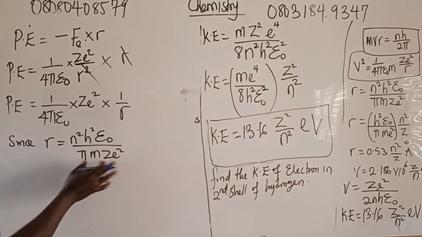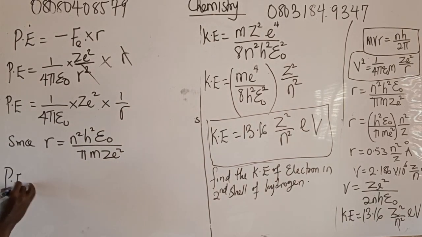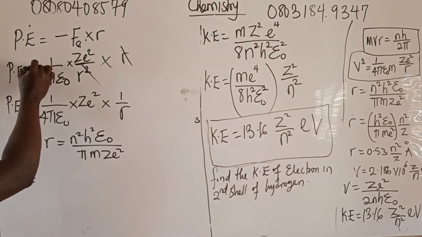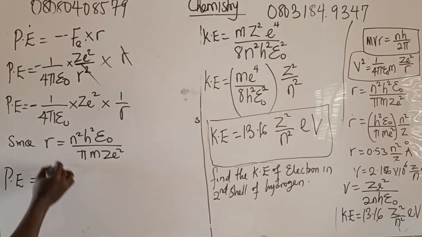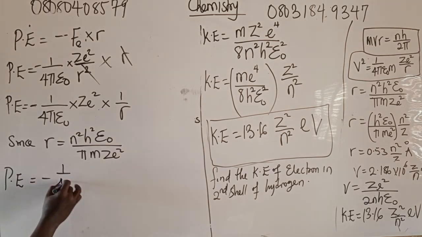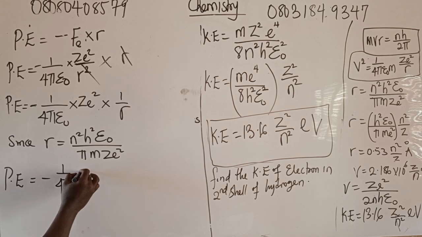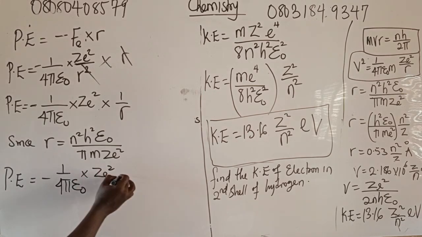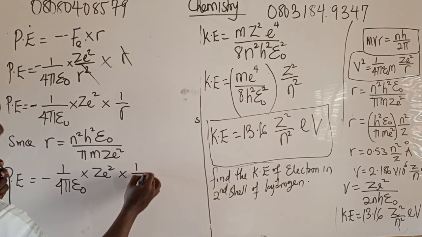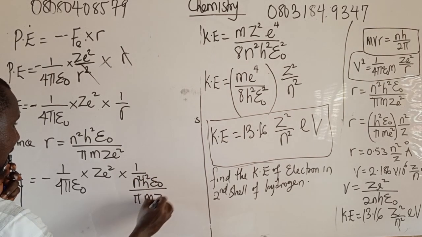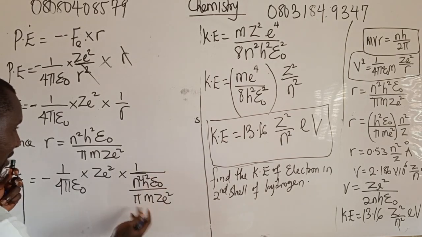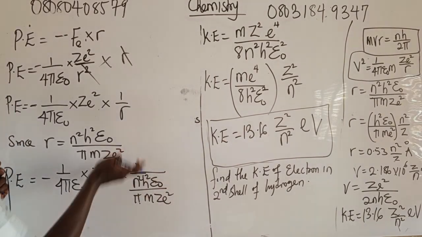I can change this r to this, and we have potential energy equal to, don't forget the negative sign, minus 1 over 4 pi epsilon naught times Z e square times 1 over n square h square epsilon naught over pi m Z e square. Don't forget the reciprocal: this one goes up, this one comes down.